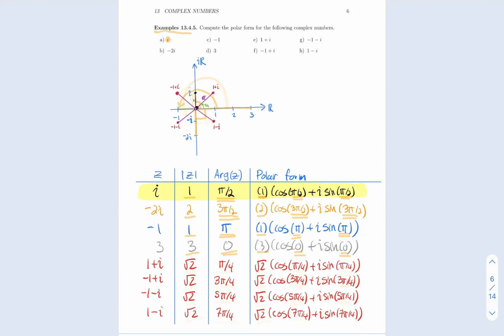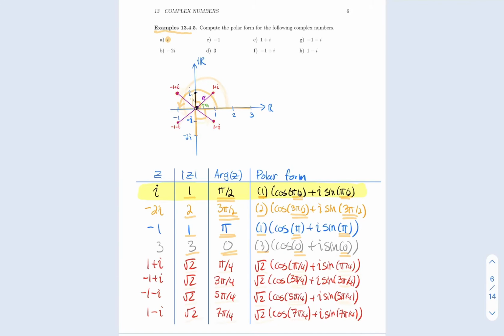So the polar form is not something compact, it's kind of ugly, but it really reflects the geometric nature of how to position these numbers on the Cartesian plane using how far away they are, the absolute value, and the argument, so the angle from the positive side of the real axis.